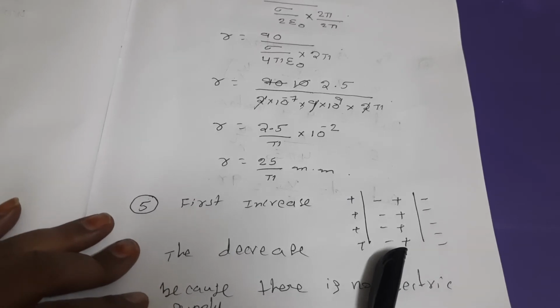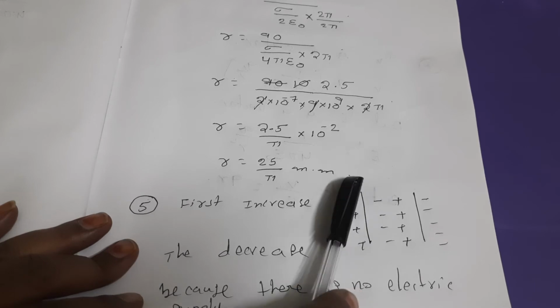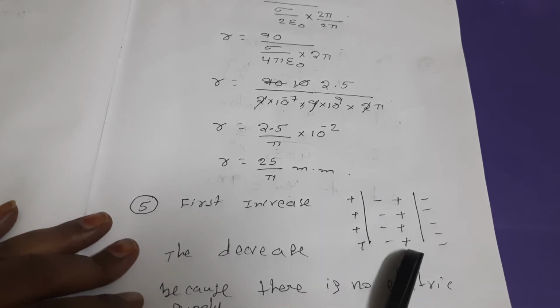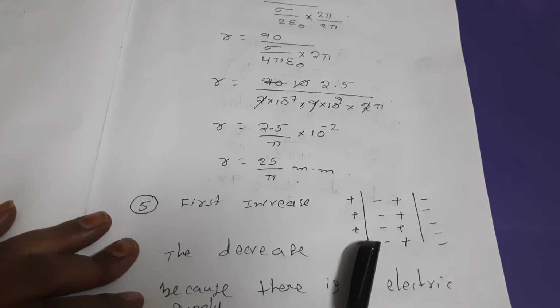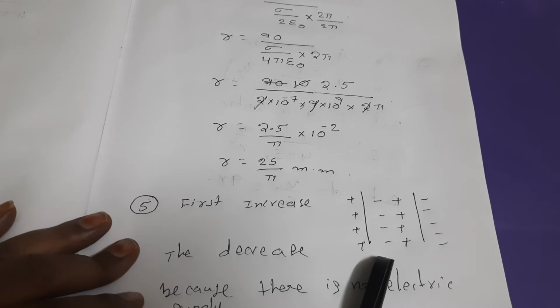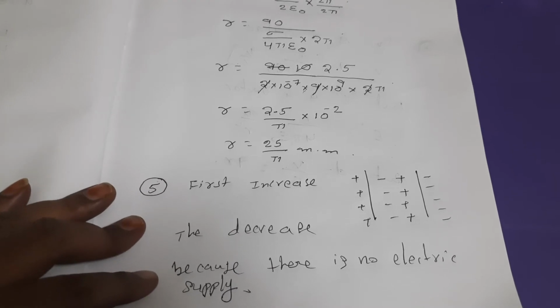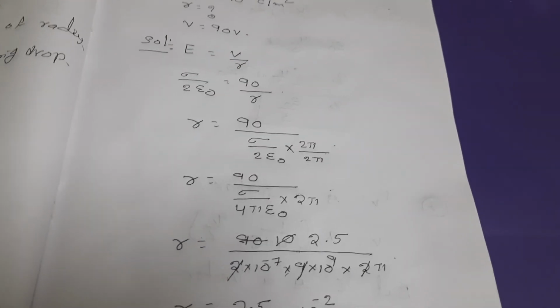Whenever we are placing the dielectric in between, then what happens? Because of induction, this side you are getting the negative charges, this side you are getting the positive charges. So when it is fully charged and we place that dielectric, because of that induction, first it is increasing, then what happens? No change in that, it remains unchanged. So our third option is right.